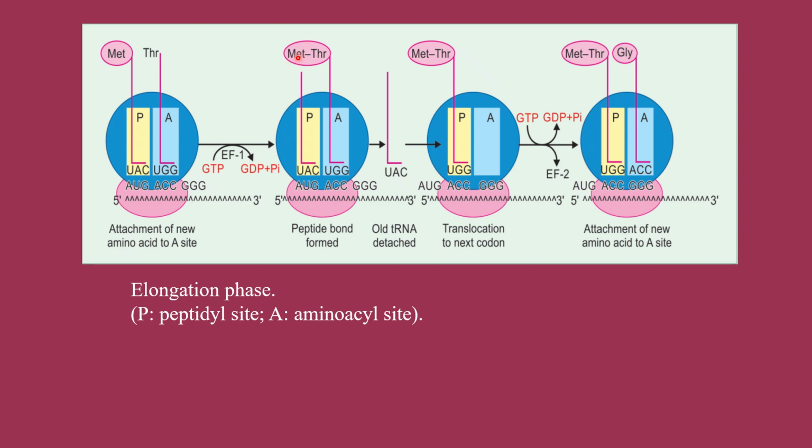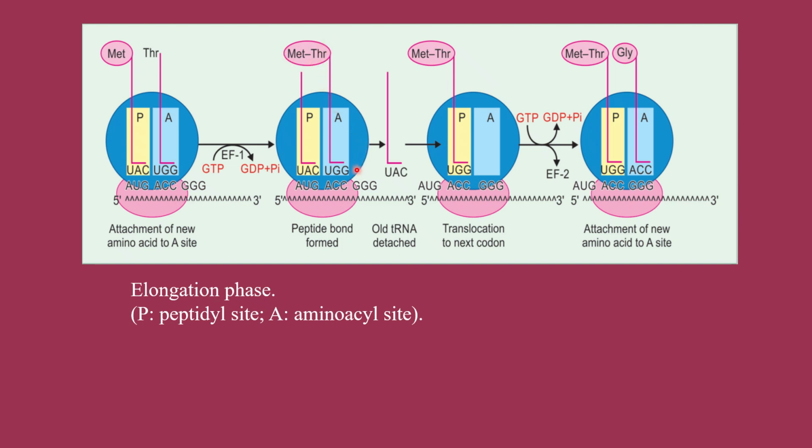So between the first amino acid and the next amino acid, there is a formation of a peptide bond. There is no energy investment for the peptide bond formation because the amino acid is already in the activated form. So the peptide bond is formed.